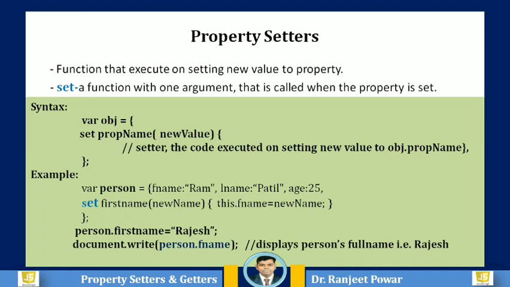The set keyword is used to write the setter method. As setters exist for the reason of changing the value of properties, they take the new value of the property as a parameter. Here in this example, a new value is set to first name using the setter method.